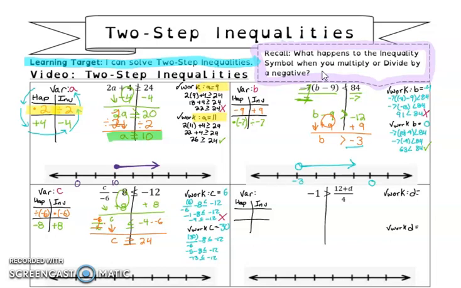That -13 is more negative than the -12. So the -13 is actually smaller than the -12. So that one's actually true. So we picked good numbers.